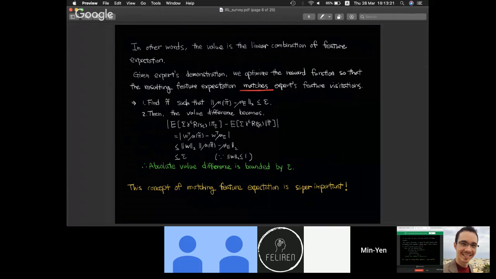So you just quantify the expectation of the rewards as mu of pi tilde or mu of E, the expert's mu, and then the current policy's expectation. And then there's W transpose two times, just take it out.